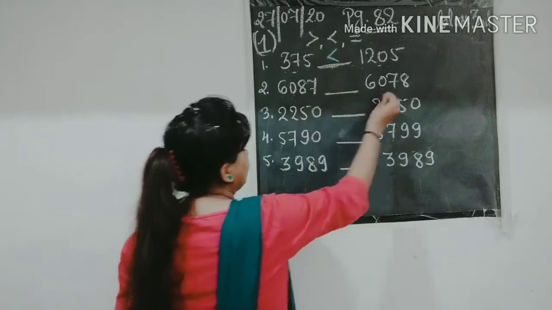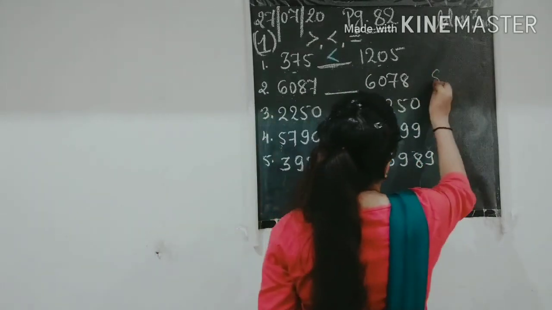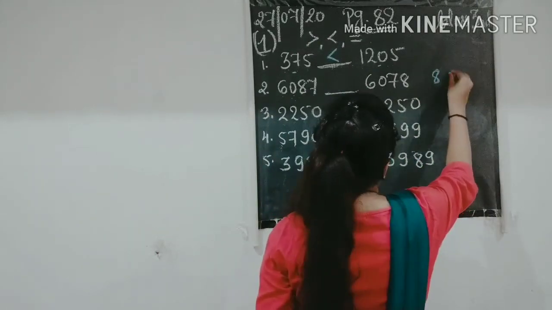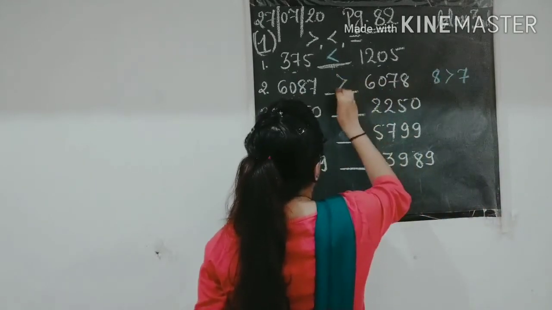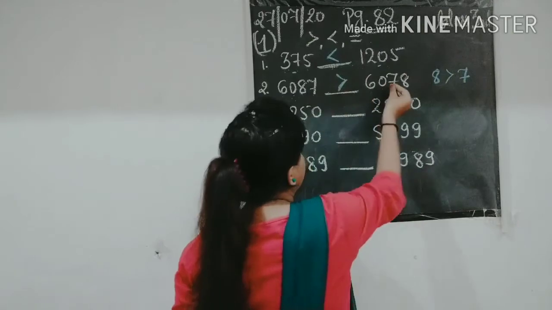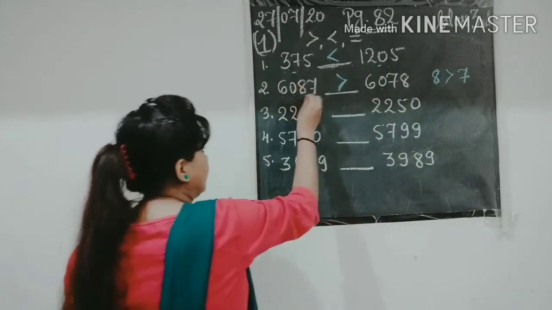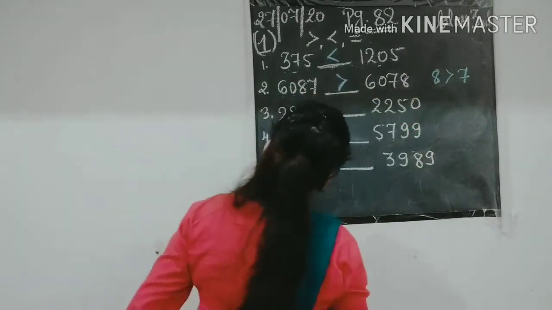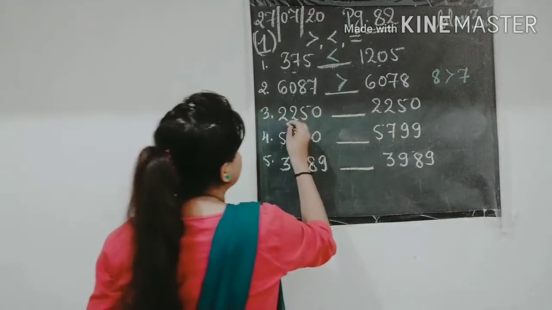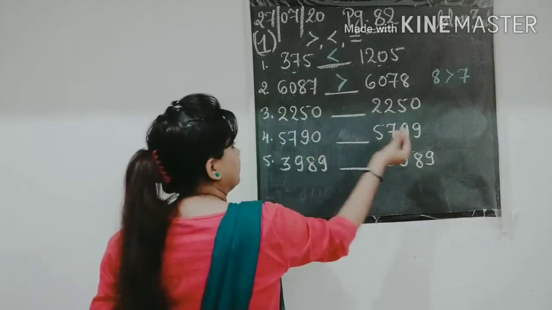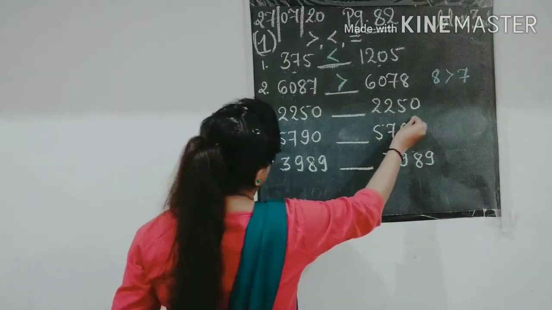Next 8 and 7. Here a difference is there. That means 8 is greater than 7. So we will put the greater than sign here. That means 6087 is greater than 6078. Understood?